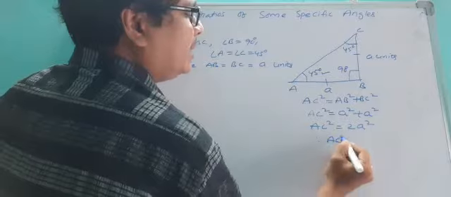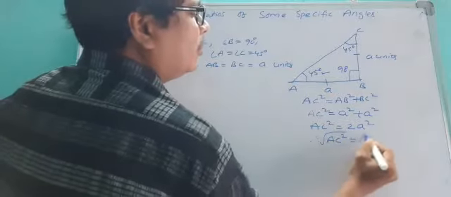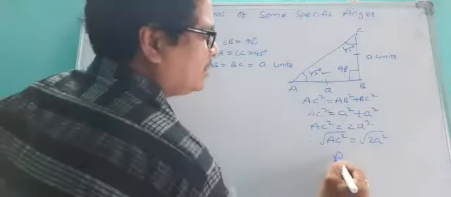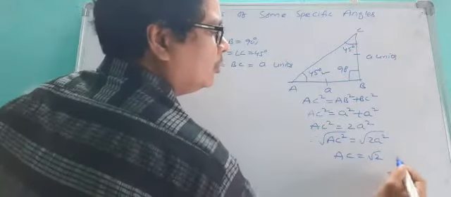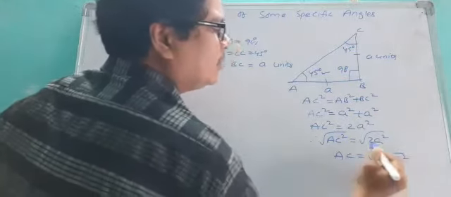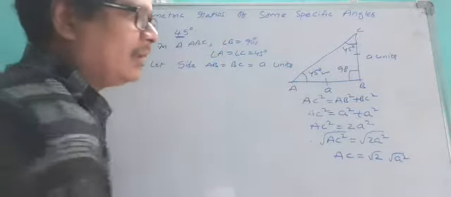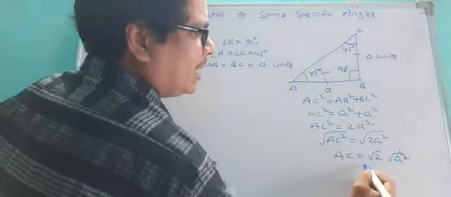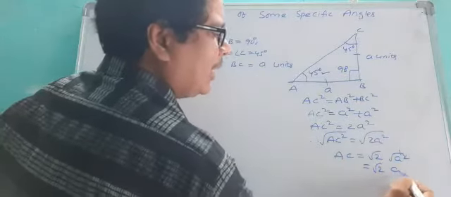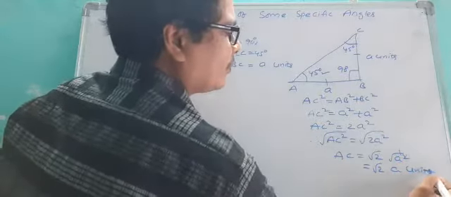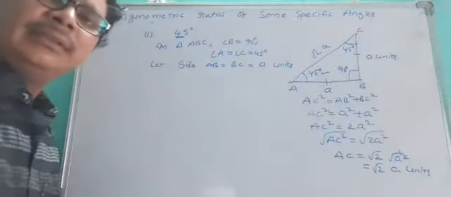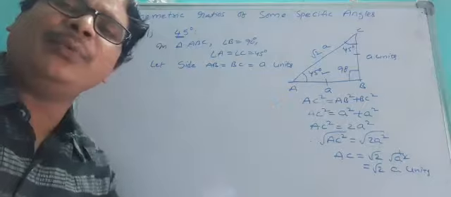Therefore, taking the square root on both sides, AC equals root 2 into root A square. Square and root cancel, remaining root 2A units. We got the value of the hypotenuse.